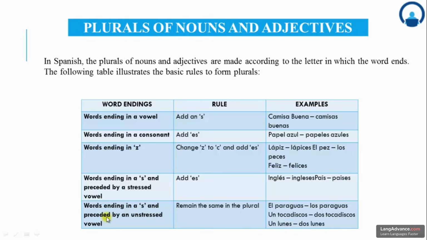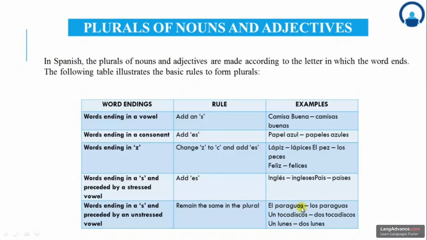Words ending in the letter S that are not preceded by a stressed vowel, but are preceded by an unstressed vowel, will remain the same in the plural form. It won't add any S or ES at the end. For example, we have el paraguas.